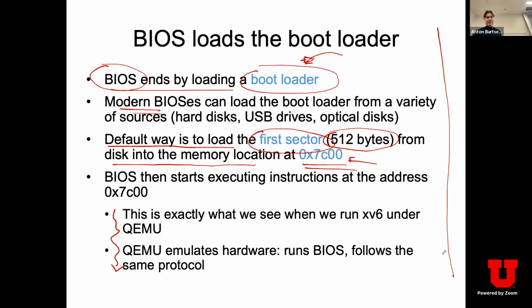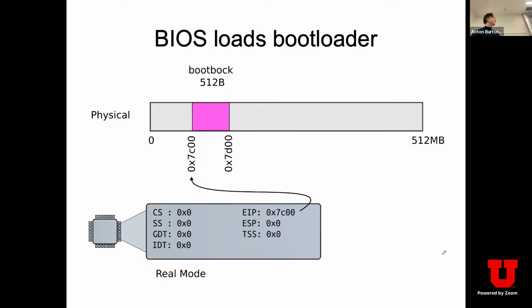Okay, and this is our graphical representation. We have a CPU, it's all initialized. It still runs in real mode, which means it only has 16 bits. It has no segmentation, no paging, just physical addresses. And some piece of software which we can write is loaded into 7C00, and it's only 512 bytes.